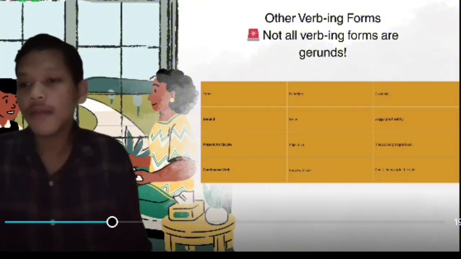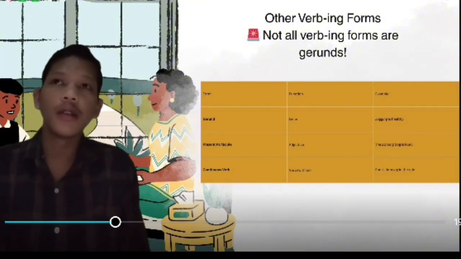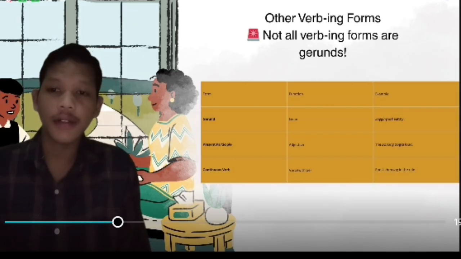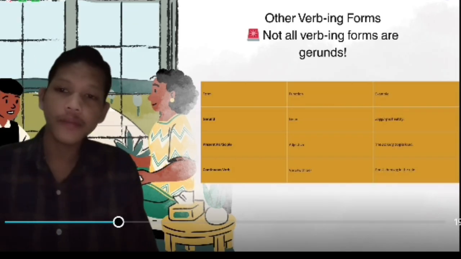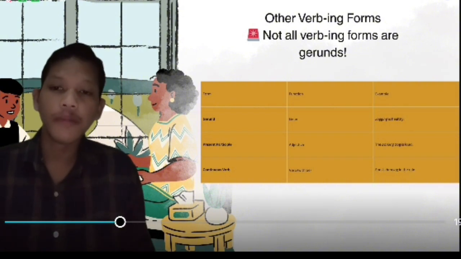Alright. And the third type of verb ing is the continuous verb, right? It is one of the tenses lesson of English, the formula is to be plus verb ing. Like this example, she is dancing.